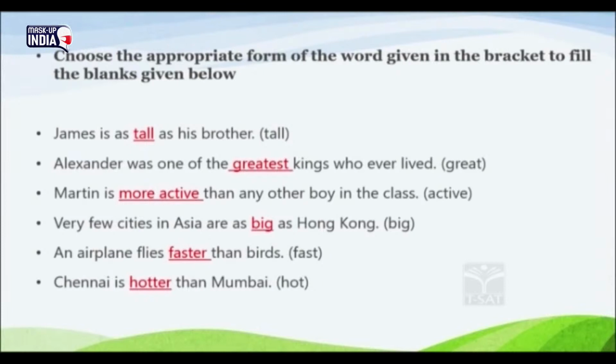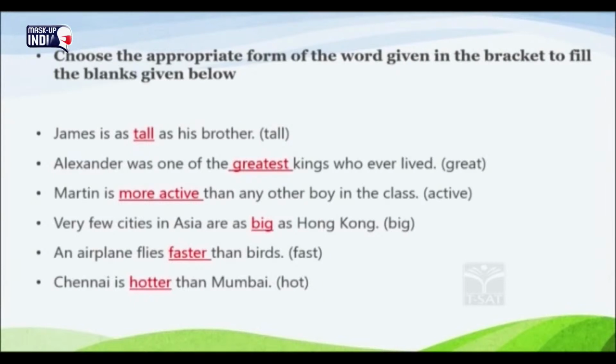The next one: Martin is more active than any other boy in the class. According to our rule number 5, we have to add the word more to make it comparative, and we can also observe the word than in the sentence, which clearly says that the word should come in a comparative degree. Very few cities in Asia are as big as Hong Kong.